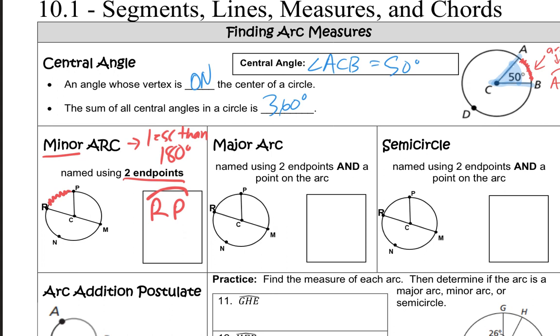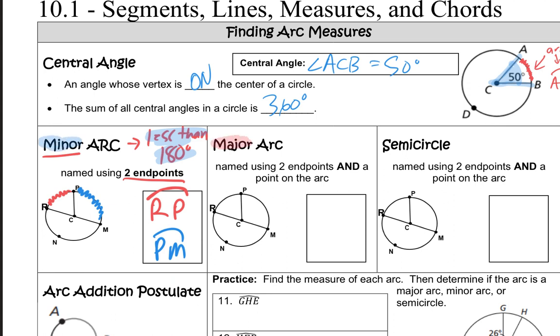Okay, and then we have another one right over here, PM, and those are created by those central angles. So this angle right over here created that arc, and this angle right over here created that arc. So let's call that one PM. So those are the two on there. All right, so a minor arc is when it is less than 180 degrees.